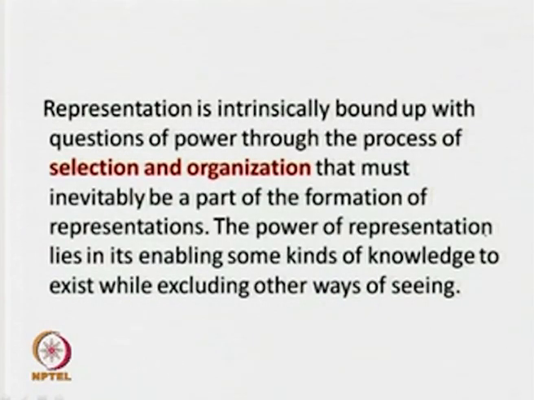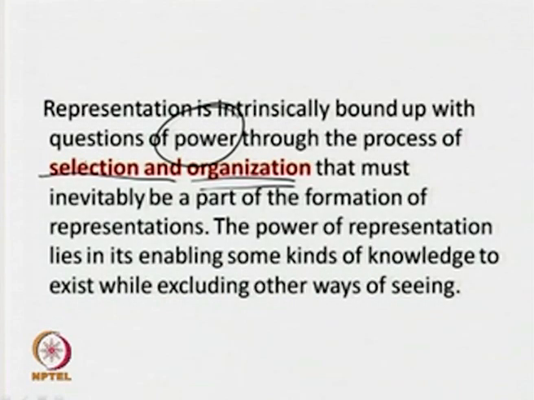Next, we saw this again by Barker, that representation is a matter of selection and organization. We select things. We select what to represent. It is often held that it is well nigh impossible to represent things in their totality. So, what inheres in the whole process of representation, as shown by Barker and several other critics, is this, that there are questions of power.